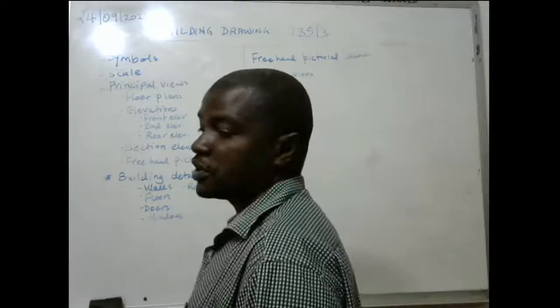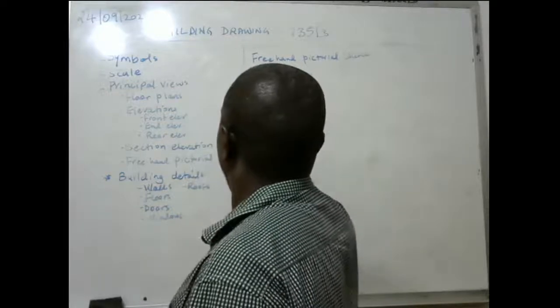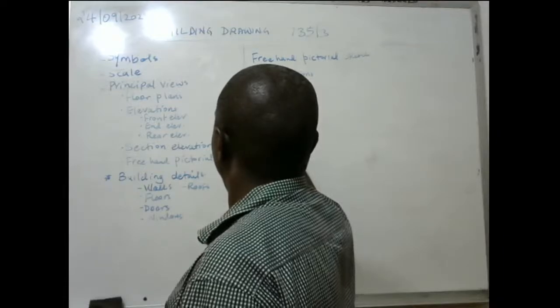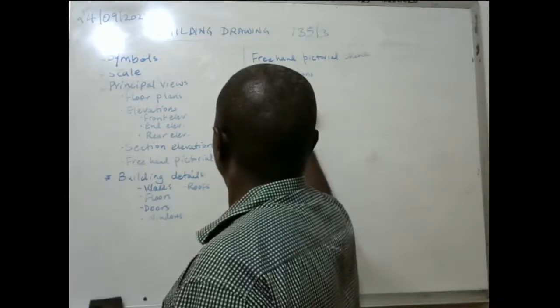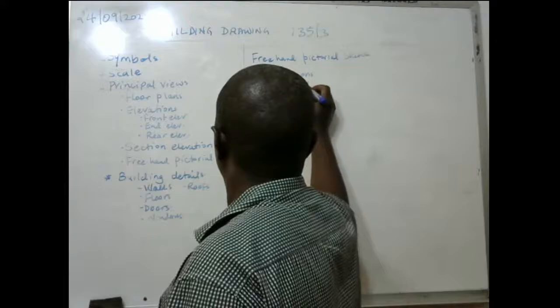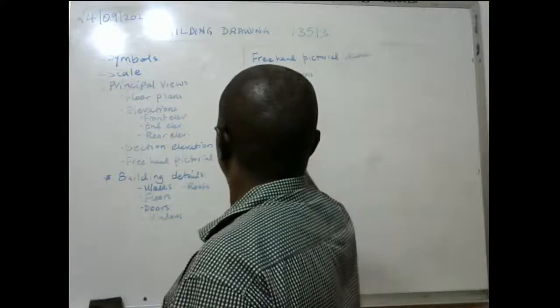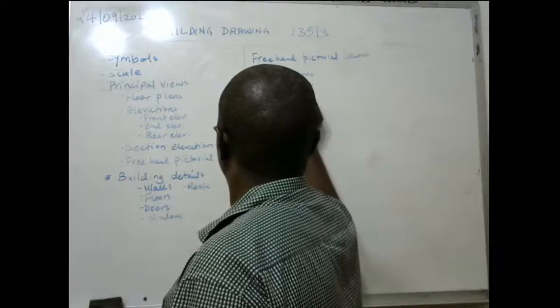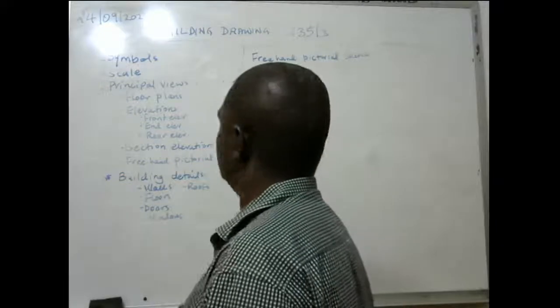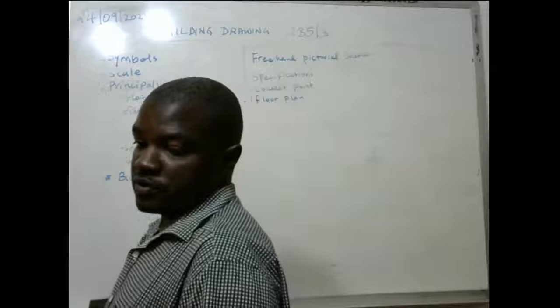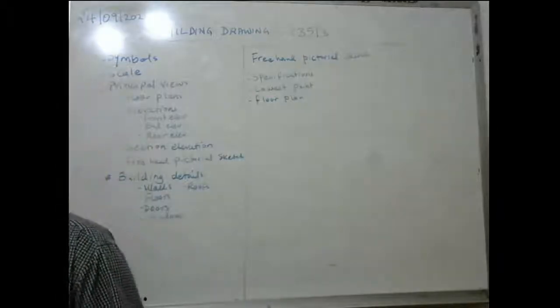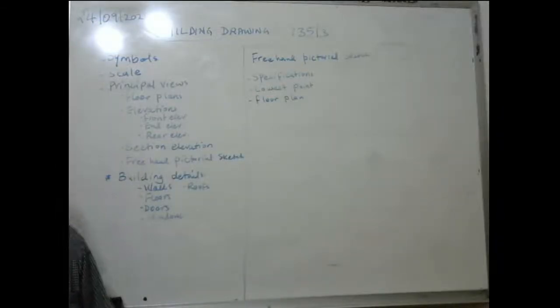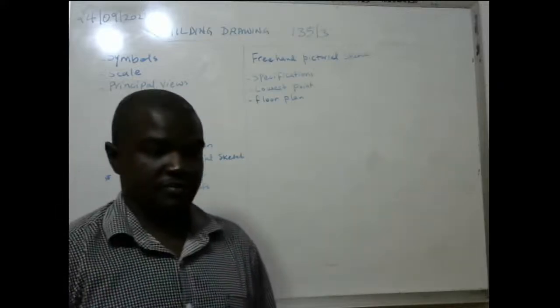Then we are given the lowest point, and then we are also given the floor plan. Those three are the ones which help us to develop a freehand pictorial sketch.